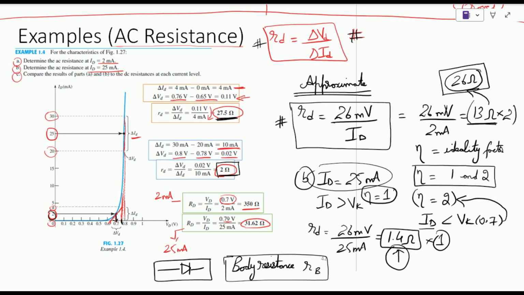So to summarize, whenever we are using the approximate equation to find the AC resistance of the system, you have to multiply your answer with the value of eta. That can be a value of 1 or a value of 2.